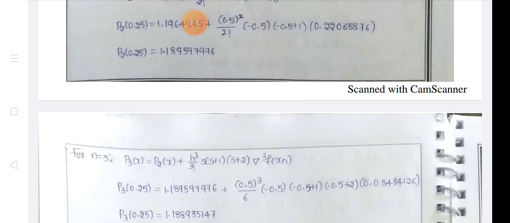Here h is 0.5, whole cube divided by 3 factorial, 6, into s into s plus 1 into s plus 2, minus 0.5 into minus 0.5 plus 1 into minus 0.5 plus 2, del cube f of xn, 0.08484126.